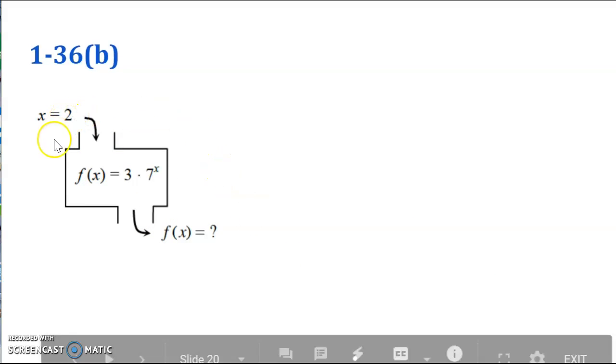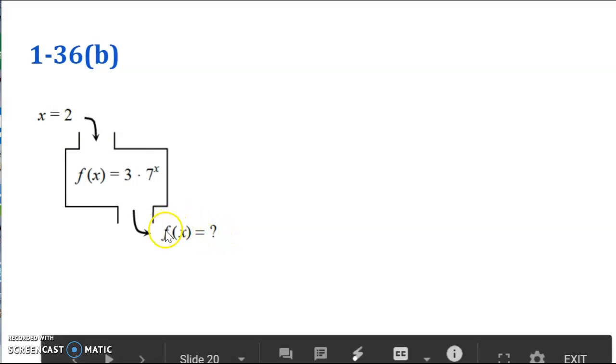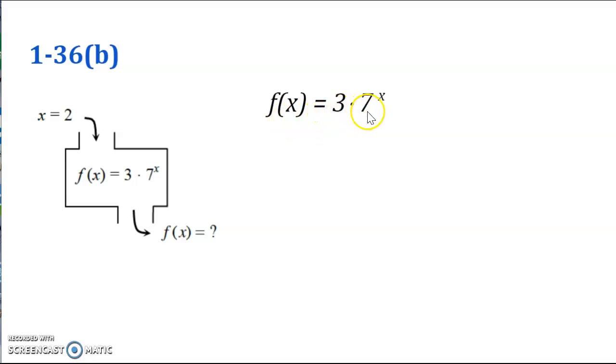All right, then 1-36b. This is where the function machine tells you the rule of the function f is 3 times 7 to the power of x. This tells us that the input is 2, and this question mark tells us that we're looking for what the output is. So f of x is 3 times 7 to the power of x, which means we need to find f of 2.